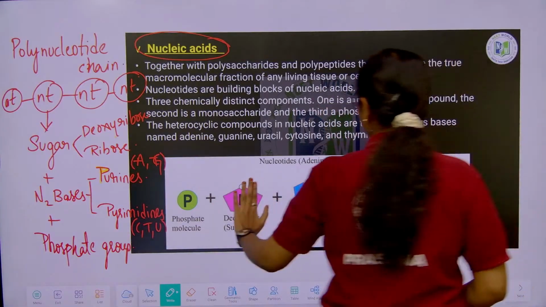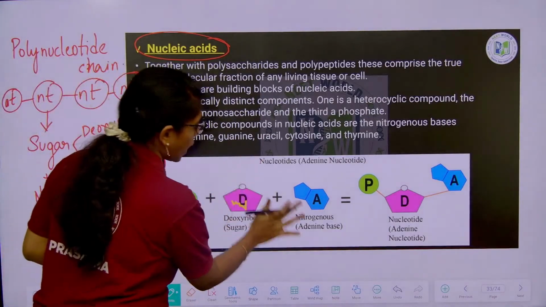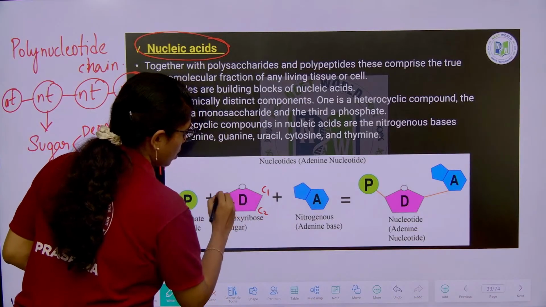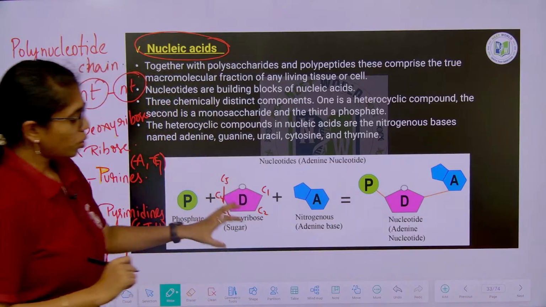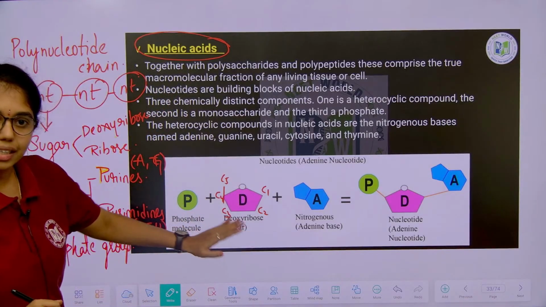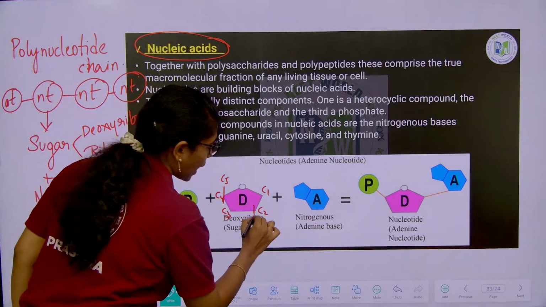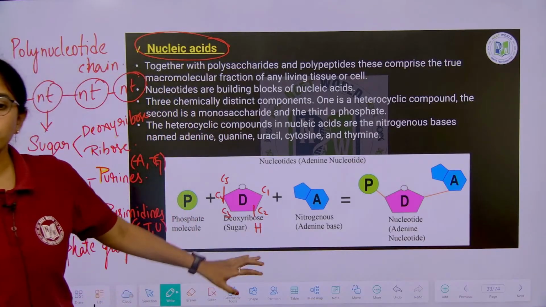First you take the sugar, which is a pentose sugar. Here deoxyribose is given: C1, C2, C3, C4 and here C5 will be there. The deoxyribose sugar structure is similar to ribose sugar, just that at the second carbon OH will not be there, only hydrogen is there. The oxygen group is absent.